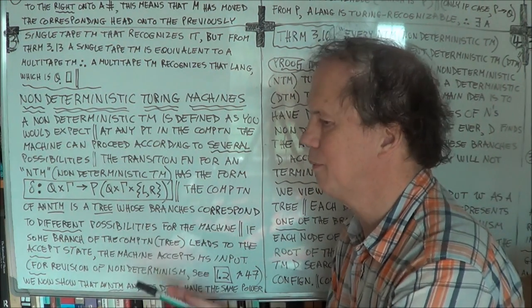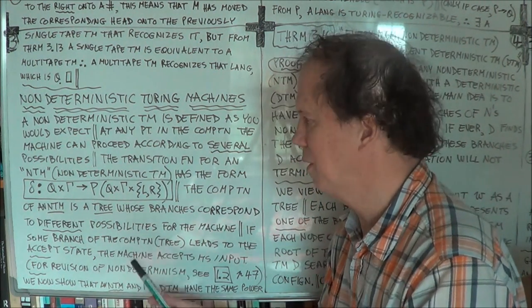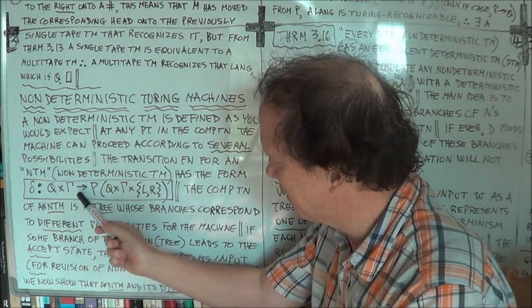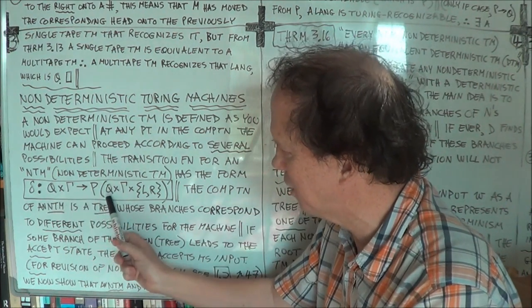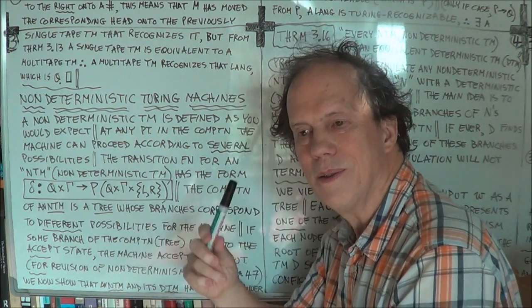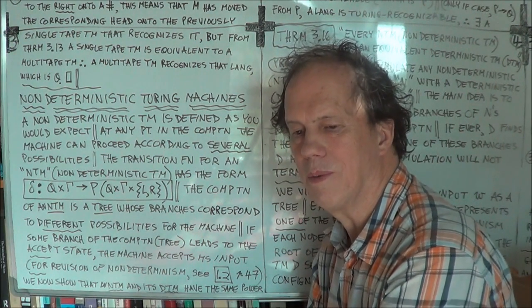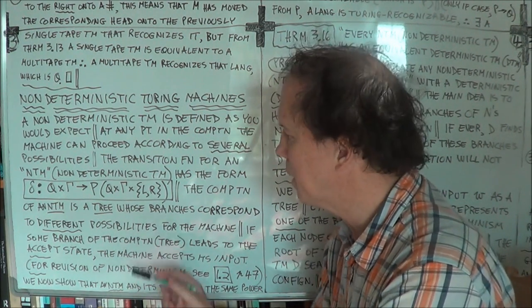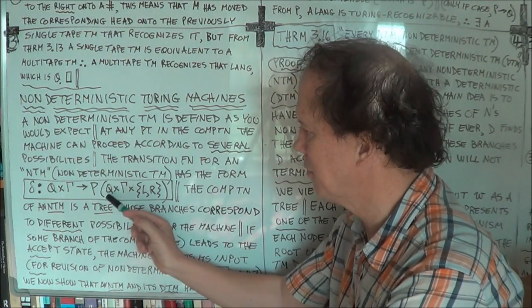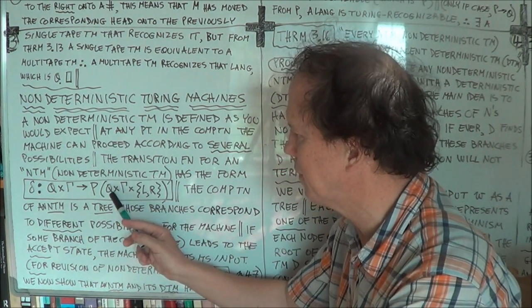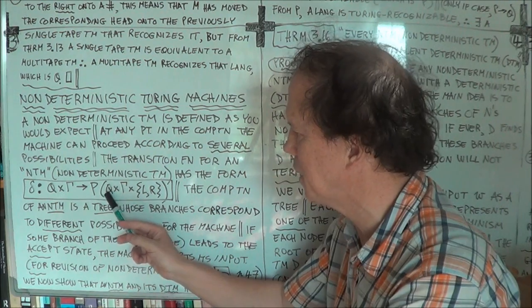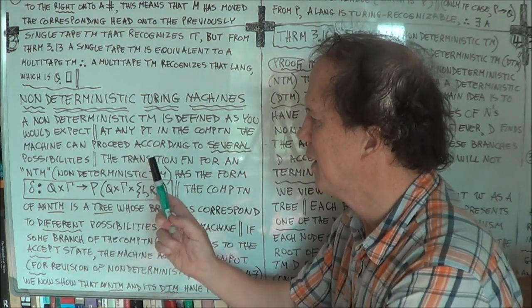Whereas with the finite automaton, the right-hand side of your transition function was only Q. That was it. So non-determinism then had to be, well, there's more than one next state. But here, you've got a triple product, a Cartesian product of three sets.